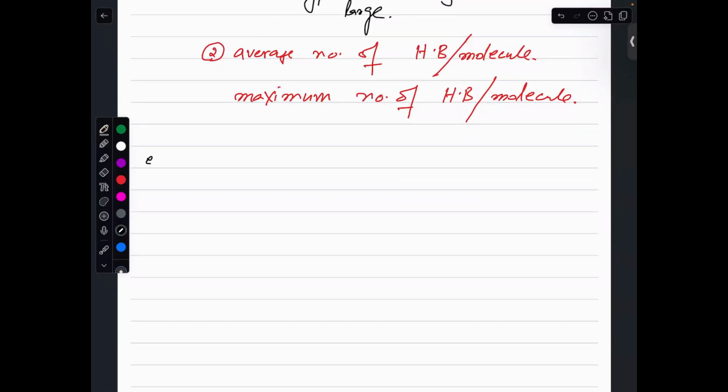For example, I have water, and I have ammonia. One difference: across a period, this is lithium, beryllium, boron, carbon, nitrogen, oxygen, fluorine. This is period two.